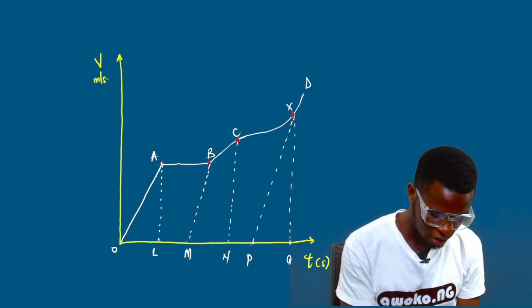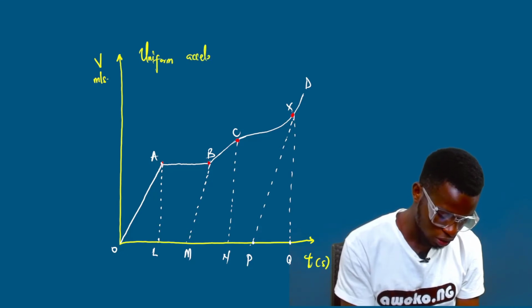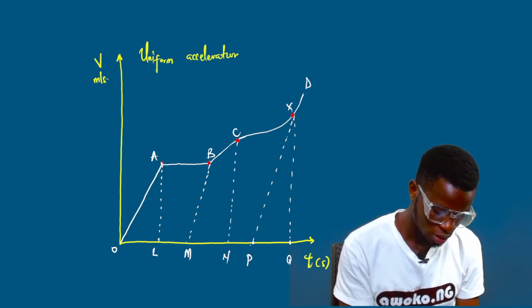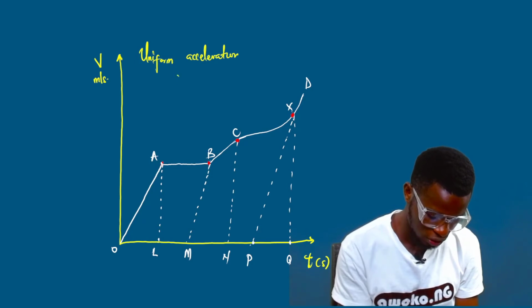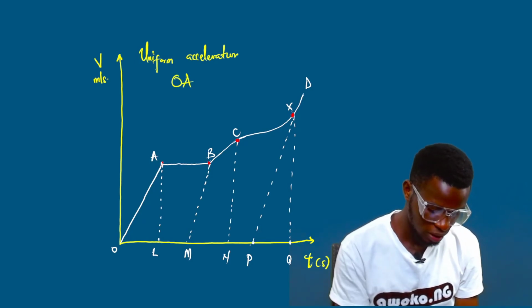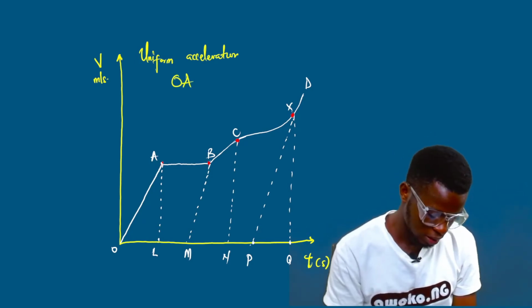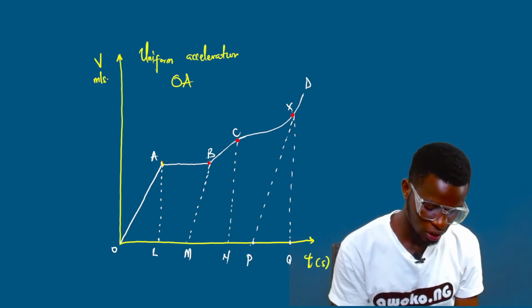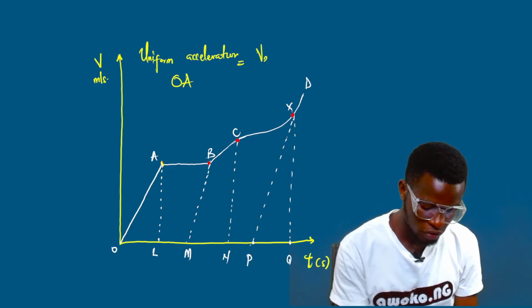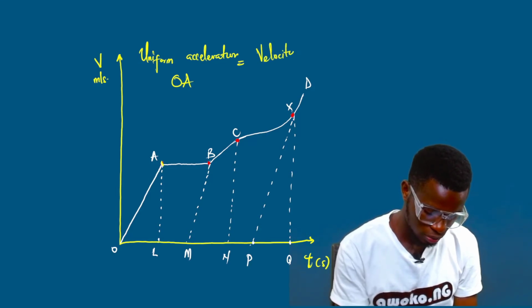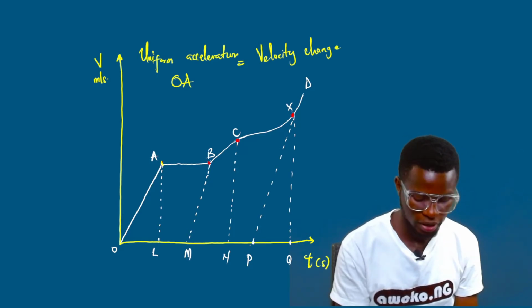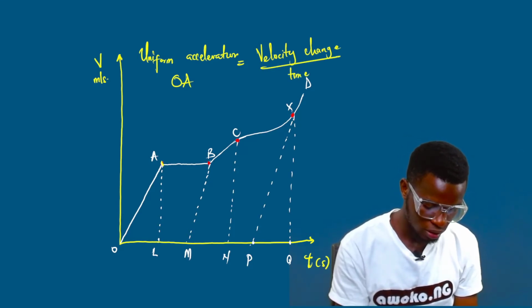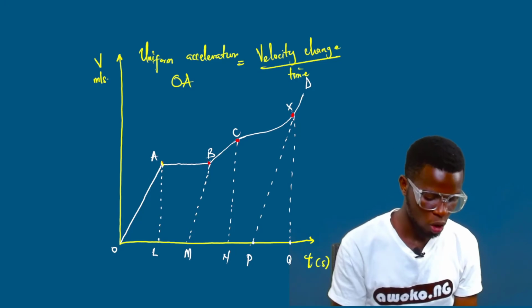That we have the uniform acceleration. It's called the uniform acceleration OA. It is explained by this point O to point A. It is equal to the velocity change all over the time taken for the change to occur.